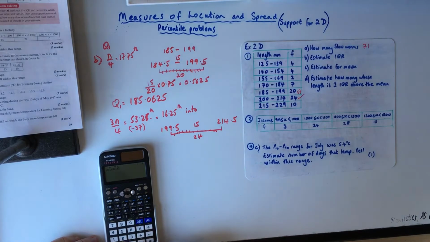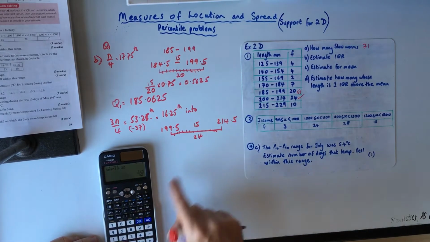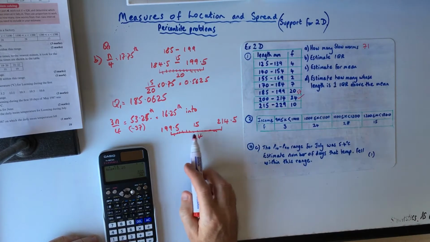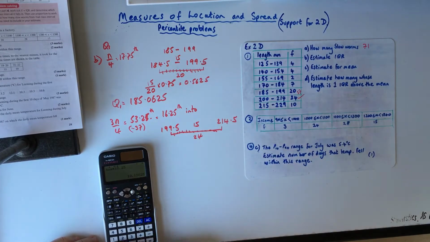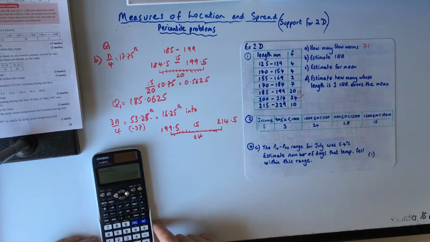16.25 times 16.25 is equal to that, and then when we get that, that's how much it is into the group, which would be 10.1, so we add it to that. So just go straight to my calculator, plus the 199.5 is equal to that.